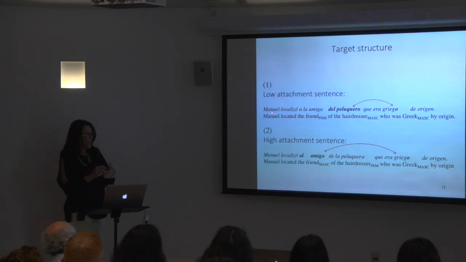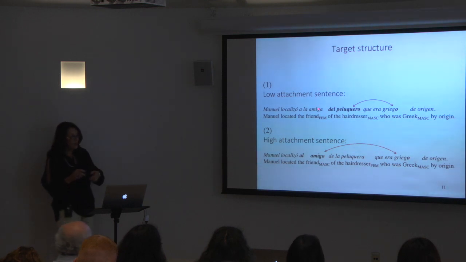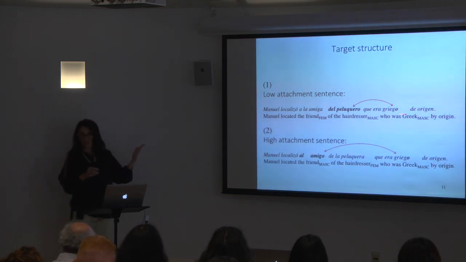So: Manuel located the friend, feminine in Spanish, of the hairdresser who was Greek, masculine, of origin. What's important about Spanish is that nouns like amiga, friend, have to agree in gender with adjectives like Greek, or griego.